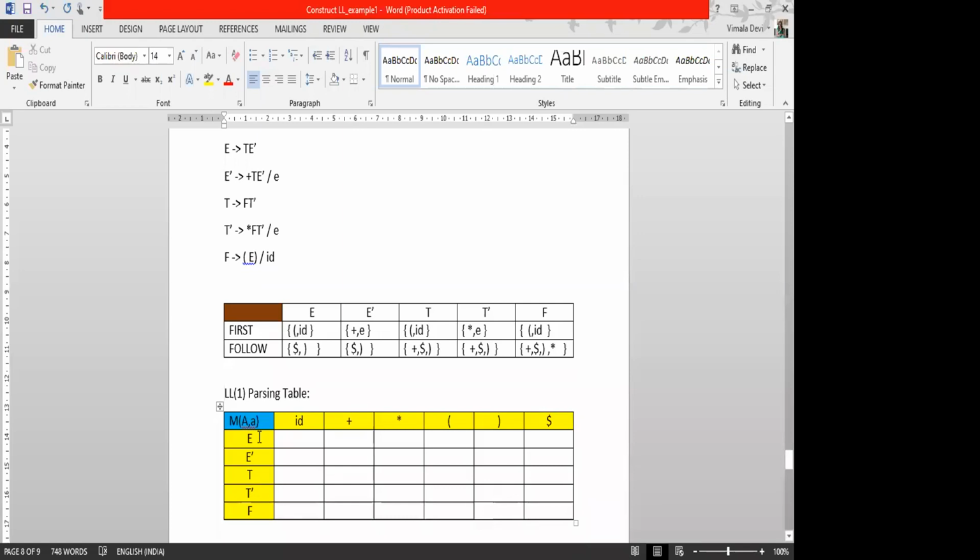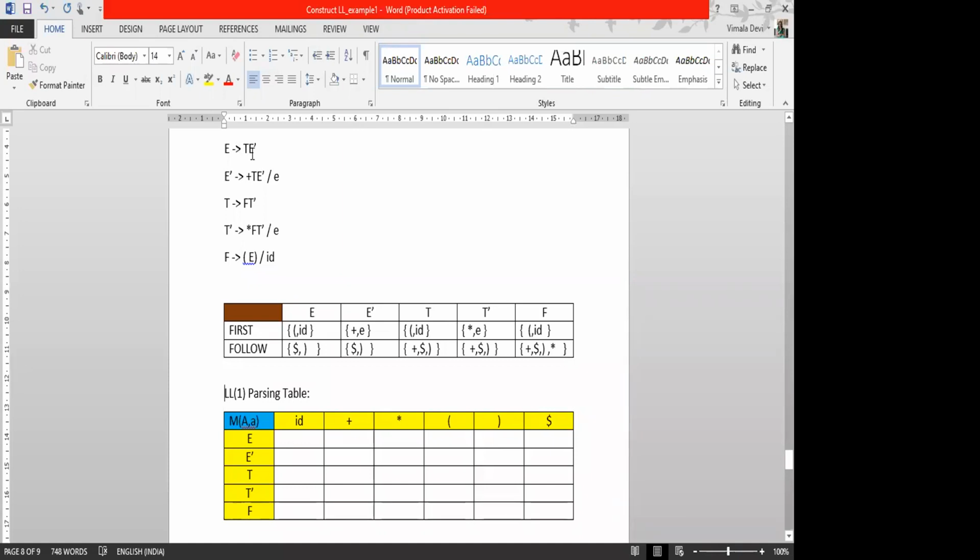Consider the very first row, which is E. What is first of E? First of E is nothing but open parenthesis as well as ID. At the same time, look into the rule for E. What is the rule for E? It is nothing but T E dash. So E derives T E dash.